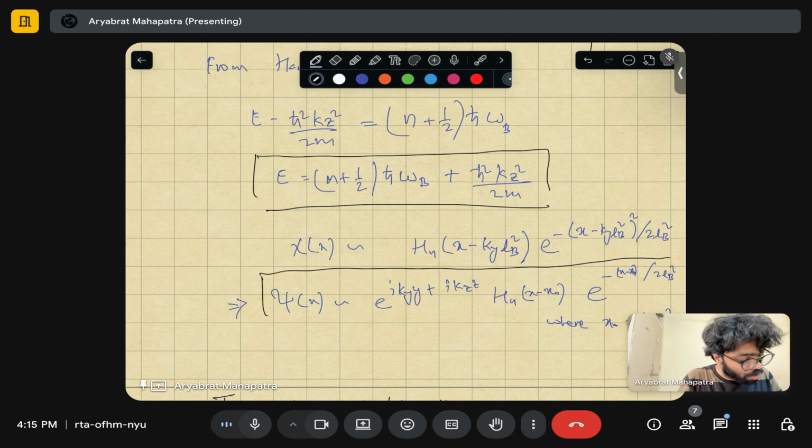So finally, you found this wave function for a charged particle in some constant external magnetic field. So it follows dynamics similar to a harmonic oscillator system.